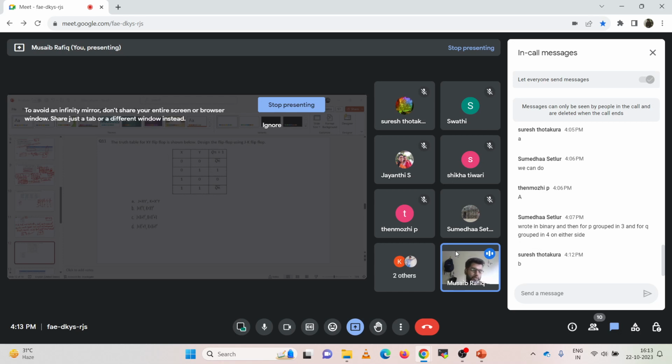I also got to know you can do it like this, because in examinations you try to find multiple ways of solving the question. By the way, one of the students has written option B, Suresh. Is it for this question or for the previous one? I'll suggest kindly check it once.